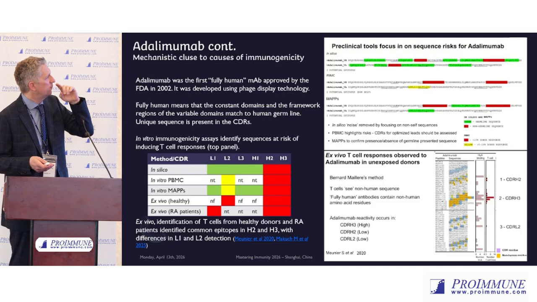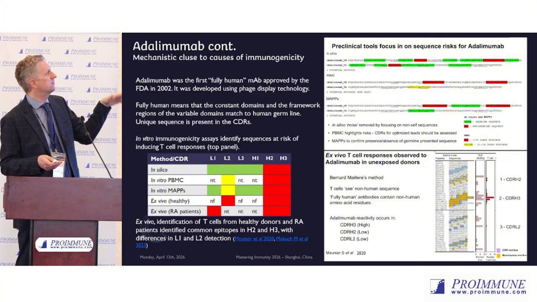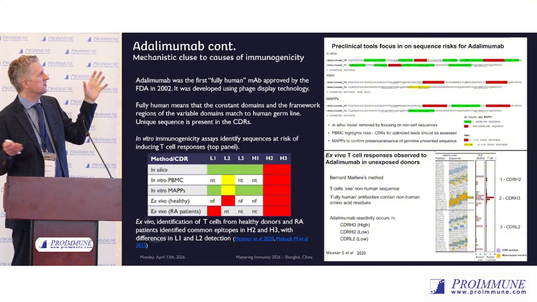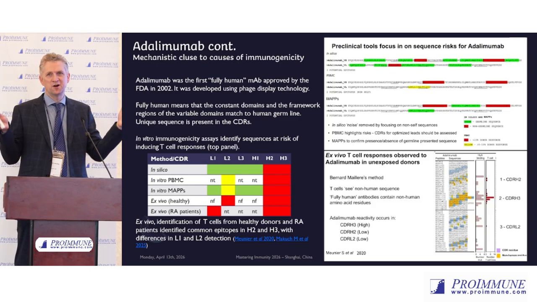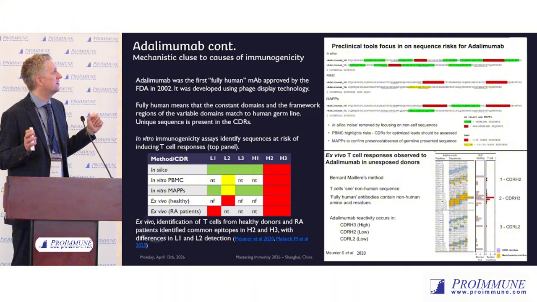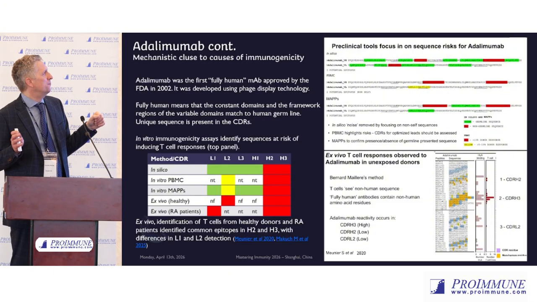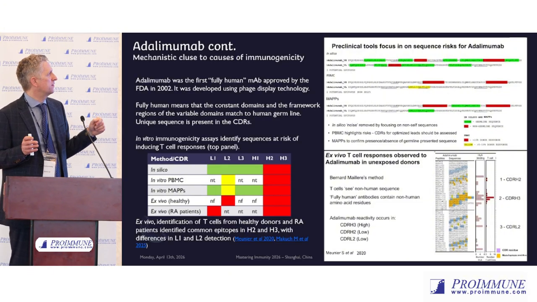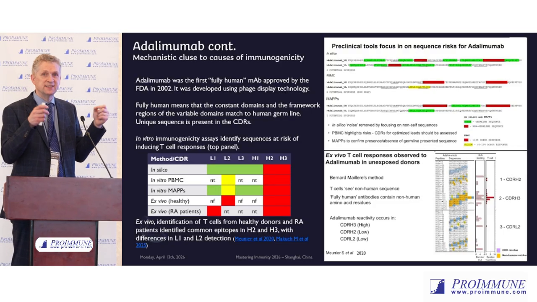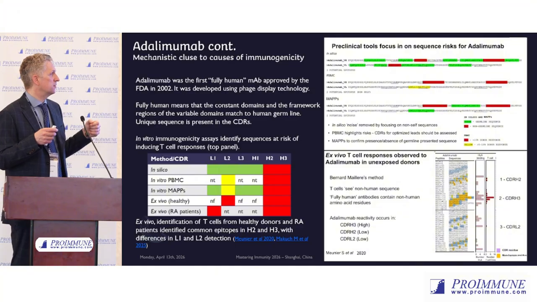This was probably one of the earlier algorithms, so a lot came up. I've highlighted in red the sequences that the in silico would say are non-human. Even in a fully human antibody, the CDRs are typically a problem. And then we look at that with the PBMC type assay and a MAPS type assay to identify sequences that are going to cause problems.